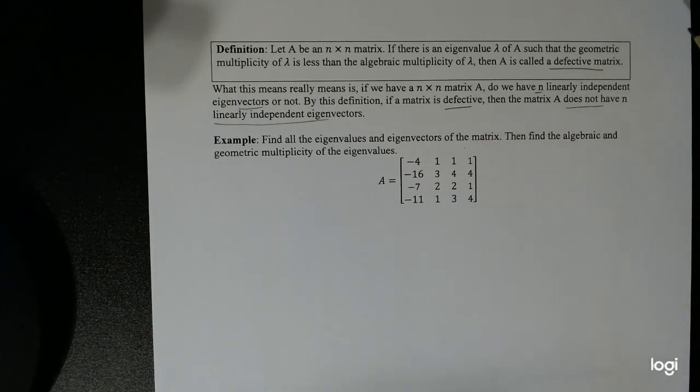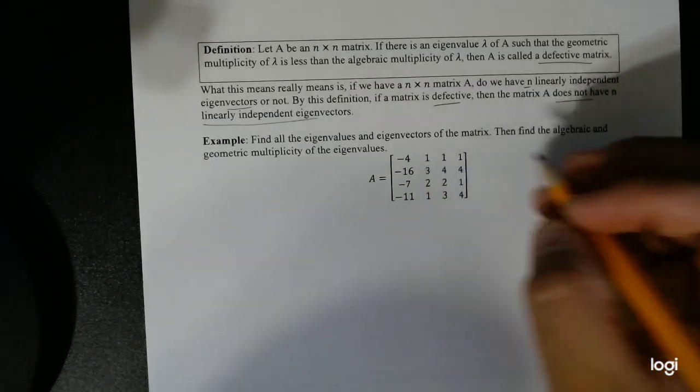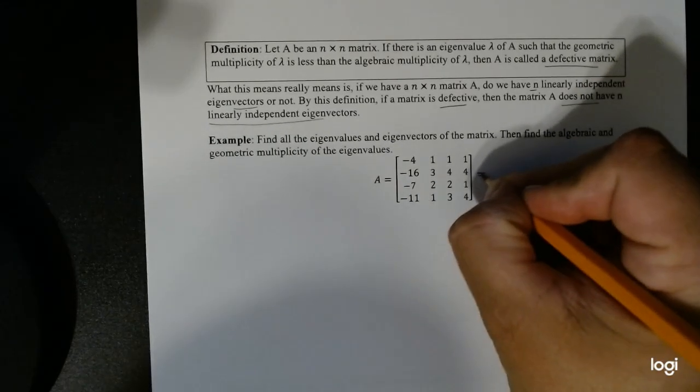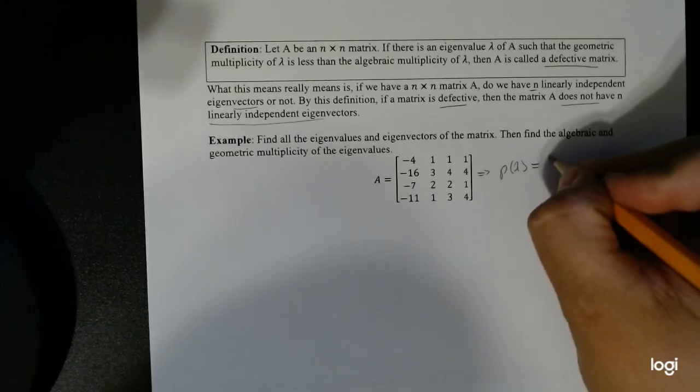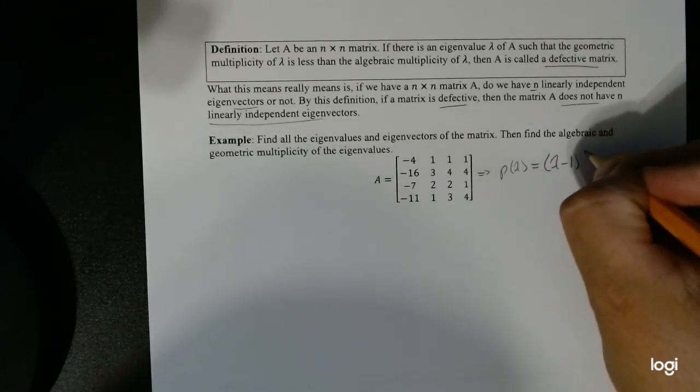So here's an example. Just like the last one, find all the eigenvectors and eigenvalues of the matrix, and then find the algebraic and geometric multiplier for each eigenvalue. All right, so 4 by 4, horrible mess. Again, skip the initial step, and this is going to be the polynomial.